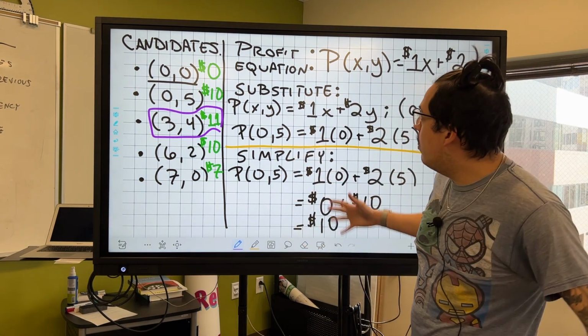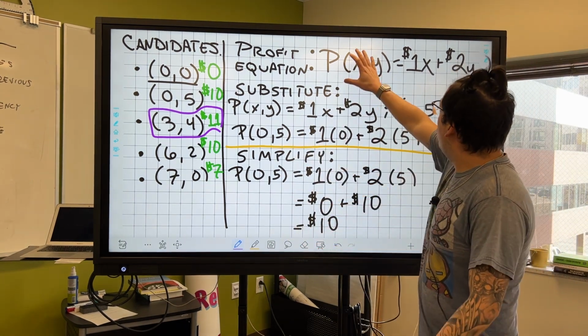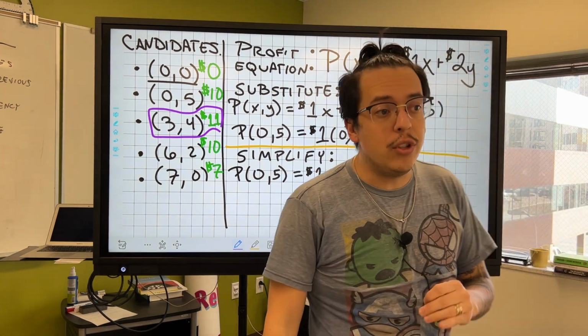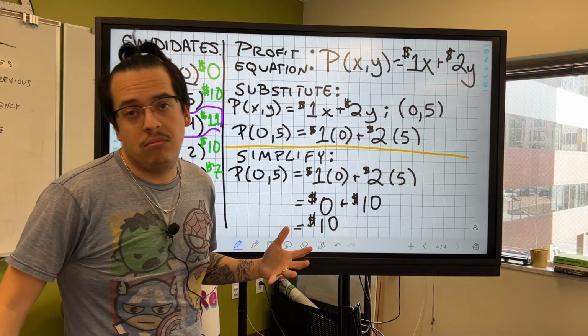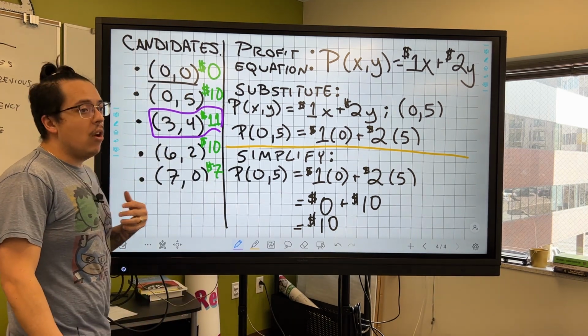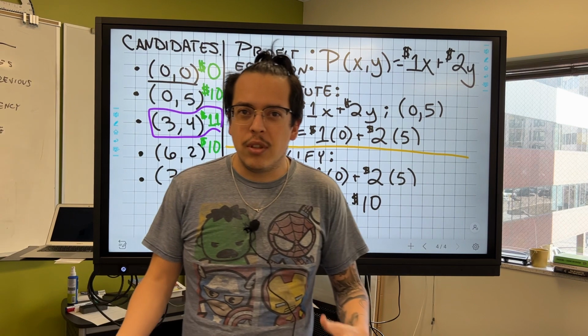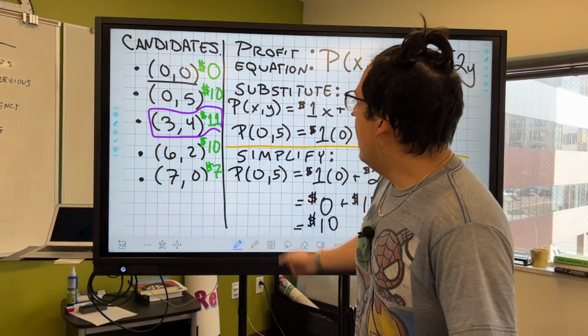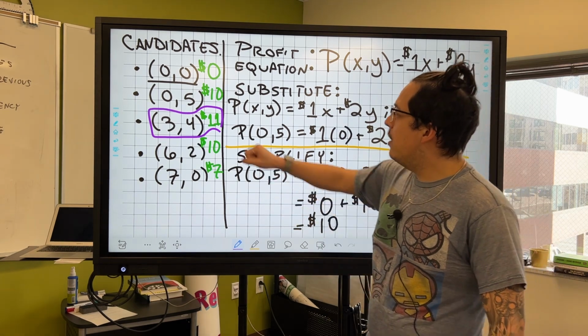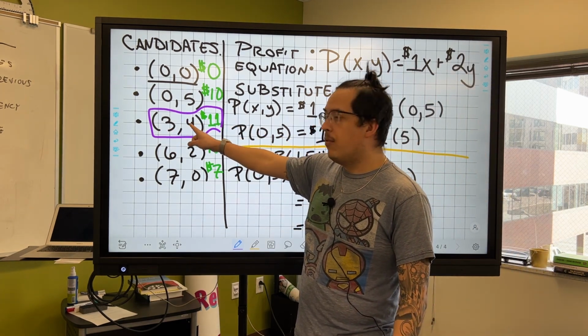And so to sum everything up, our profit equations make finding our optimal solutions easy peasy. Constrained optimization is all about making the best use of your limited resources. And in this case, the best use of Otto's limited resources is to make 3 cars and 4 trucks.